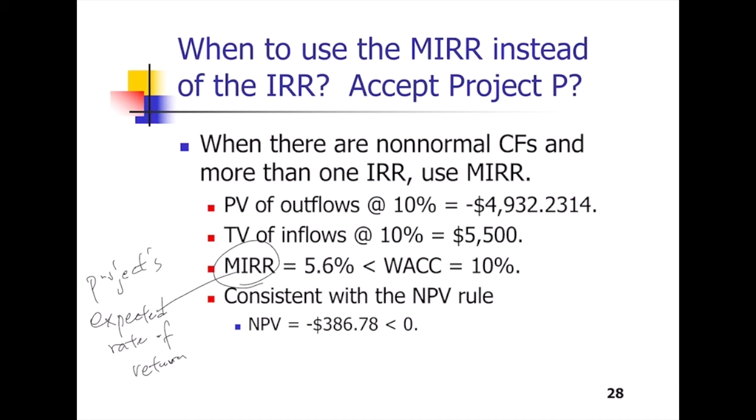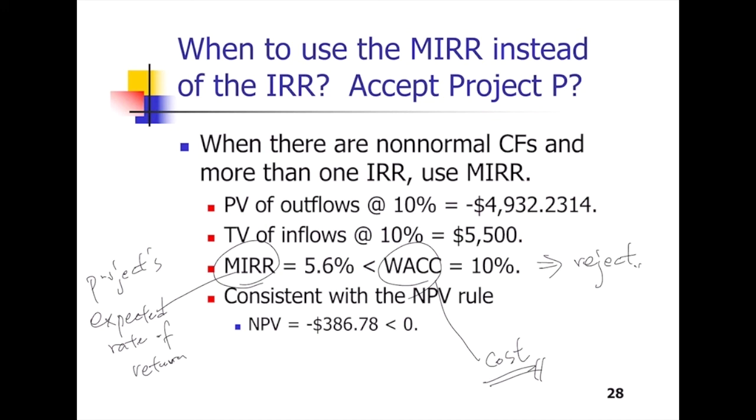And WACC is what? That is the cost, right? In this case, the cost is larger than the expected rate of return. So we should reject this project, right?